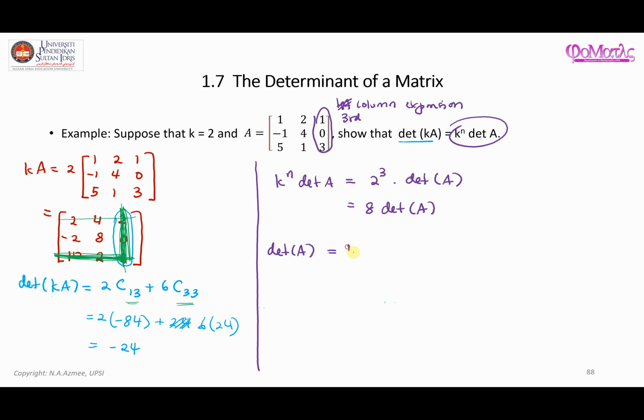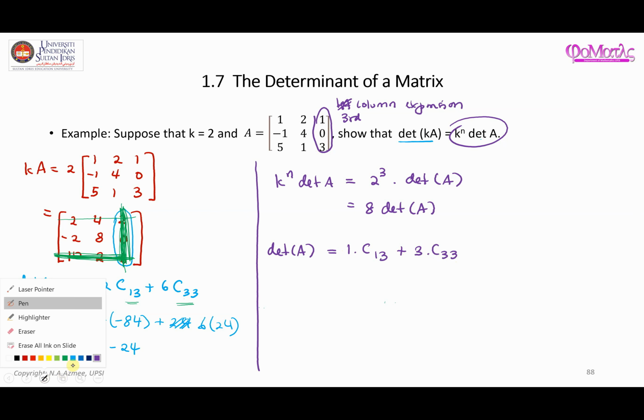This is just 1 times C13, plus 0 times C23, which is going to be 0, plus 3 times C33. So that is the formula to find the determinant of matrix A.